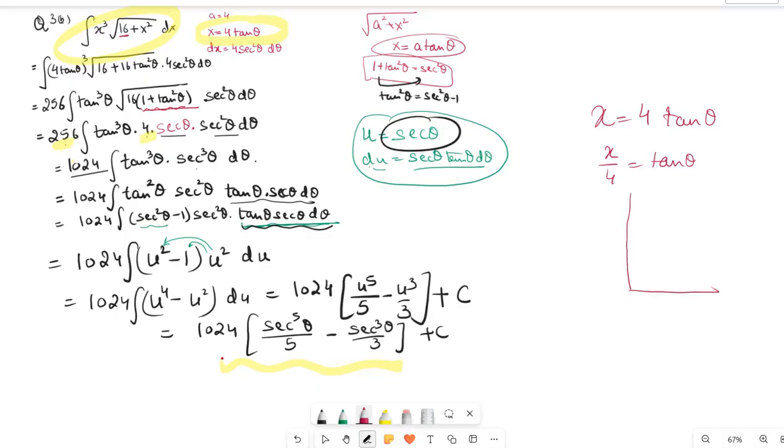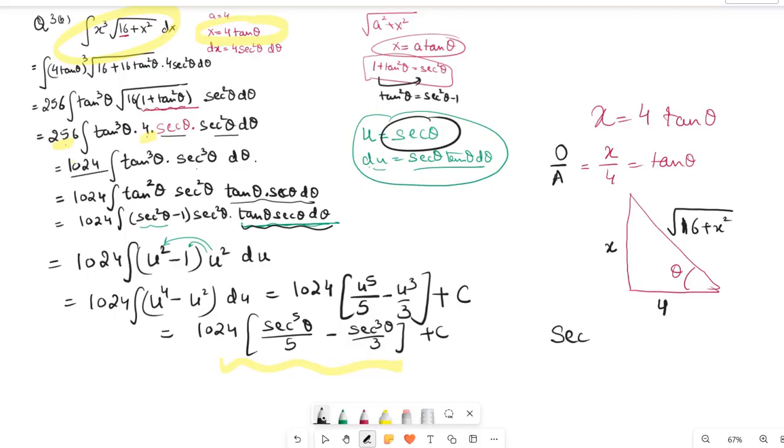If you use the right angle triangle strategy and say this is theta, then tangent theta is opposite by adjacent. So this is x, this is 4. That means the hypotenuse can be written as square root of 16 plus x squared using the Pythagorean identity. Now the triangle is complete.